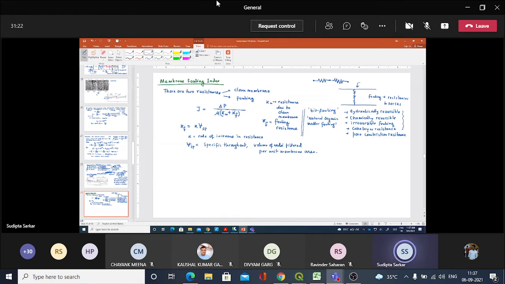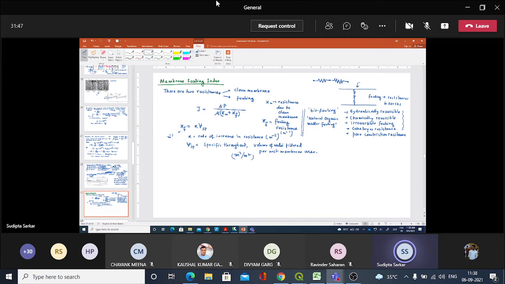So you can understand that the unit is meter cube per meter square. Okay. And this one has a unit of meter minus 1, and so it has a unit of meter minus 2.